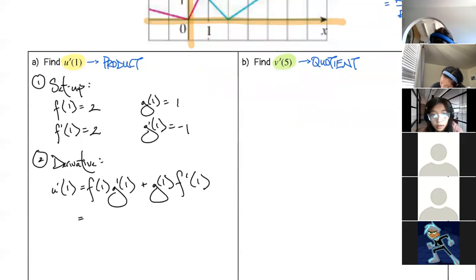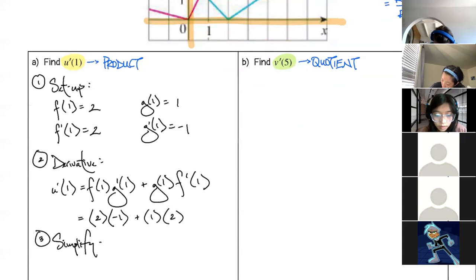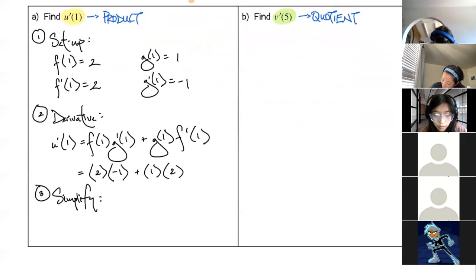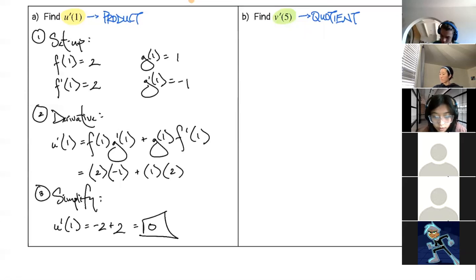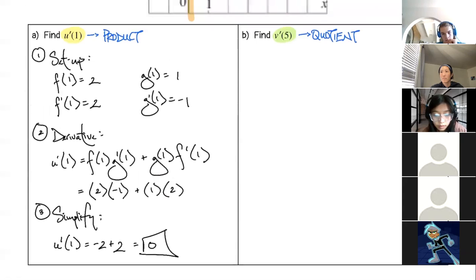Plug in your numbers: 2 times -1 plus 1 times 2. And then simplify. u prime of 1 equals -2 plus 2, which gives you 0.